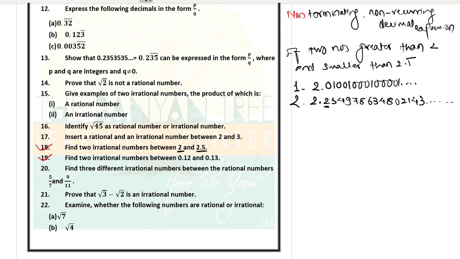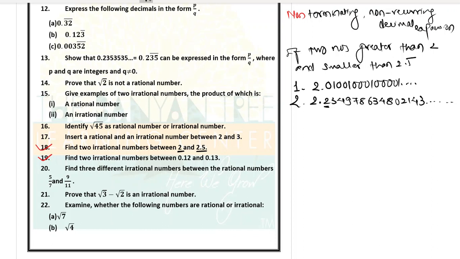So to keep it smaller than 2.5, I wrote 2.2 and then continued with random digits. Why random digits? Because that is how irrational numbers' decimal expansions are. They are non-terminating, keep on going, and non-recurring. They are not repeating themselves. So these are two irrational numbers between 2 and 2.5. That was your question number 18's doubt.